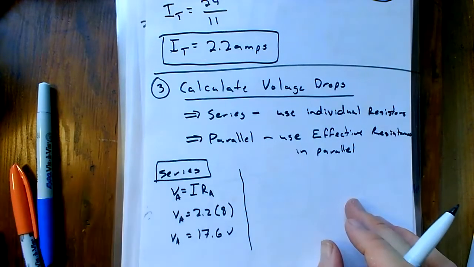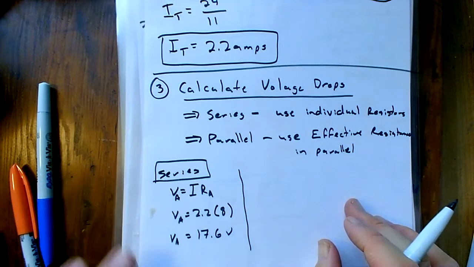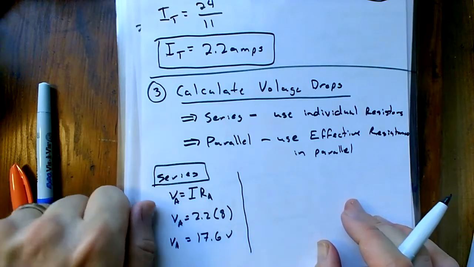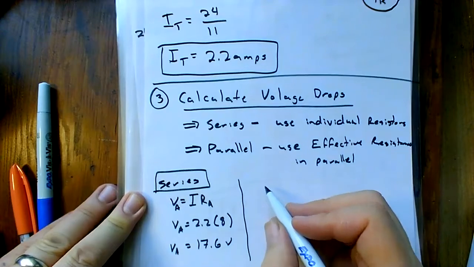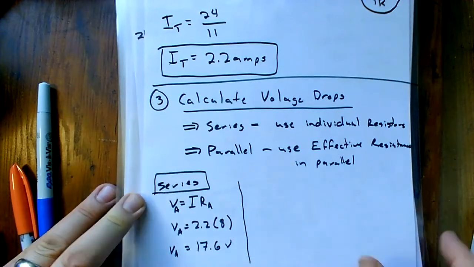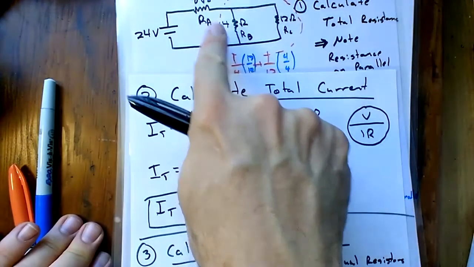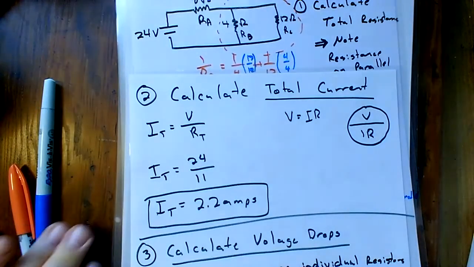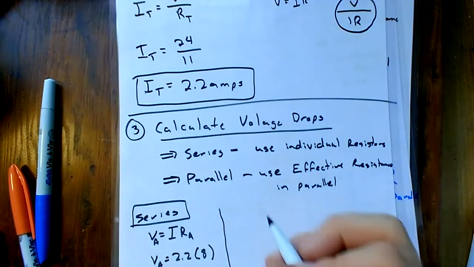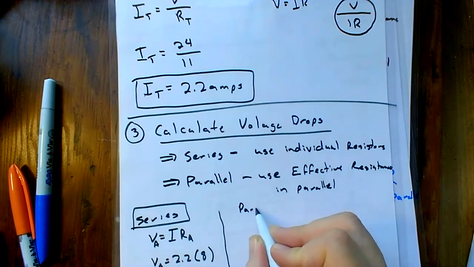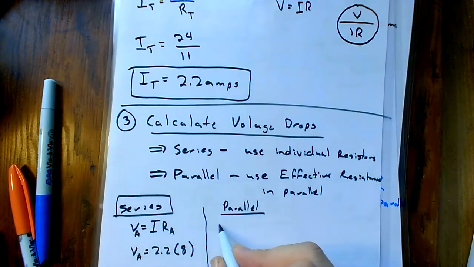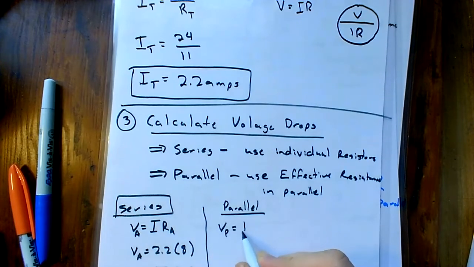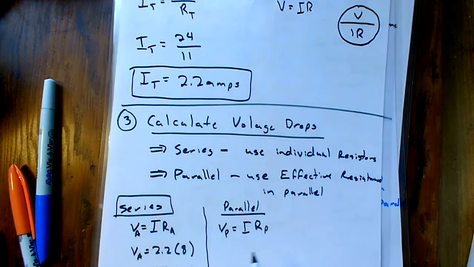Now I had two in parallel. And the funny thing is, my voltage in parallel, the voltage is going to drop the same across both of these. So with my parallel resistors, I'm going to say, okay, well, my voltage for that parallel piece is going to be the current times my resistance in parallel.